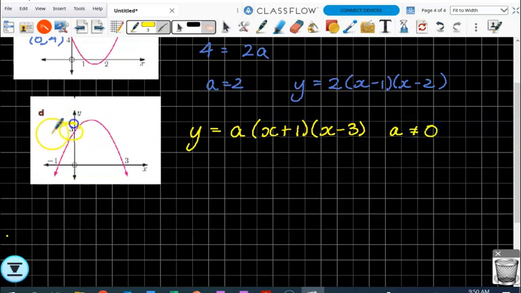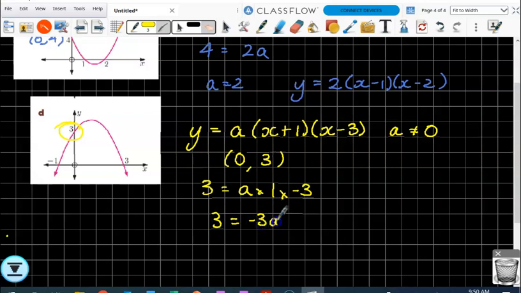Okay, once again, we've got our point. Once again, we've got 0, 3. Yay, -1. We expected it was going to be negative. It proved to be negative.